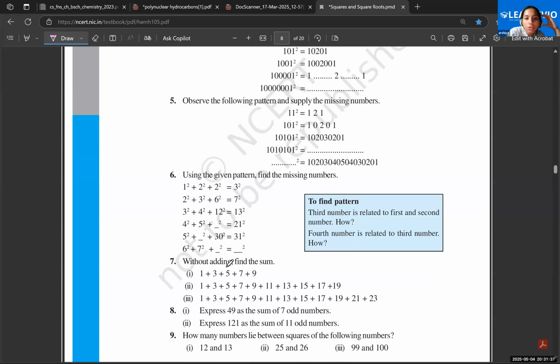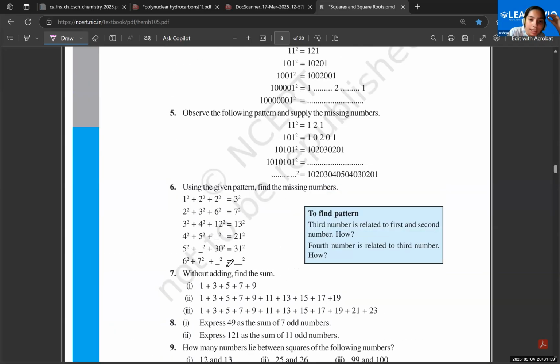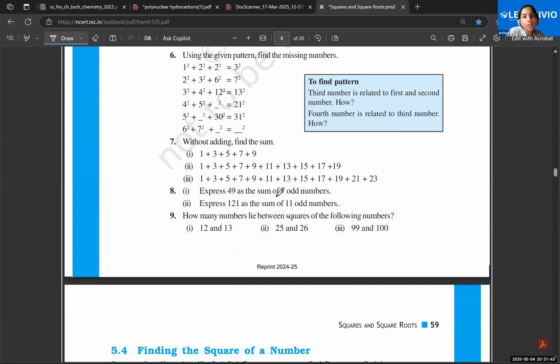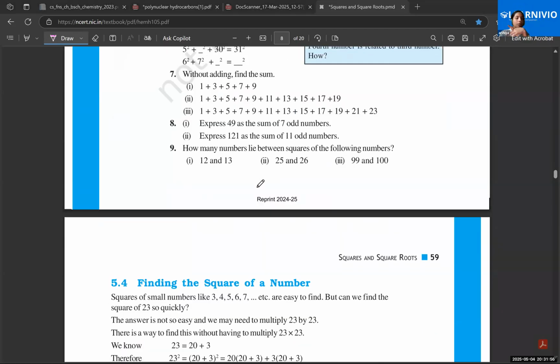We'll finish this exercise in the next class, and the questions are very easy. The rest of them do not require any formulas or rules. You'll be able to do them without it.